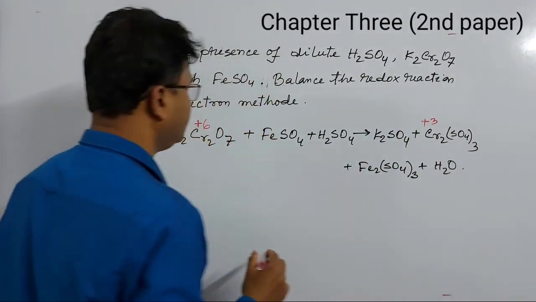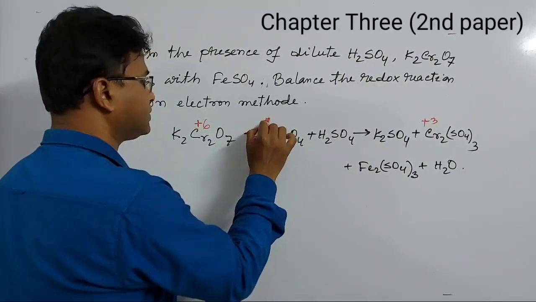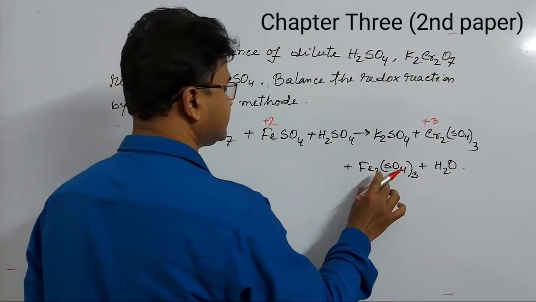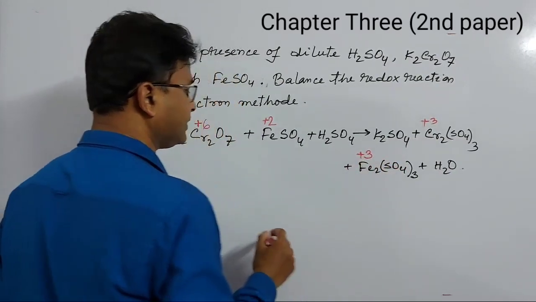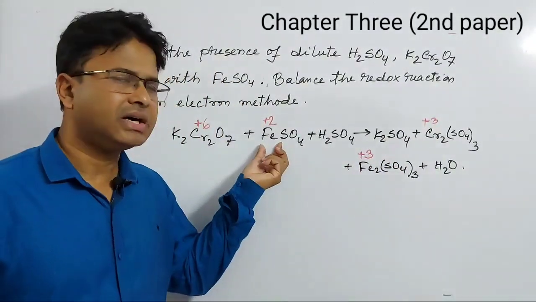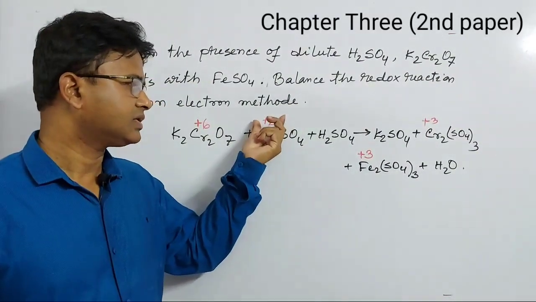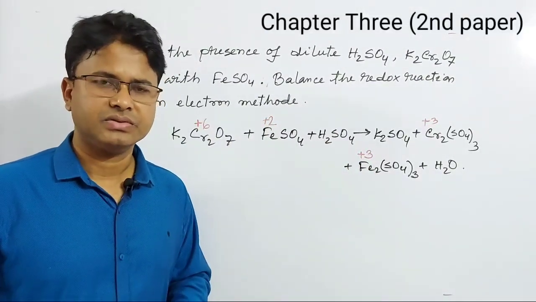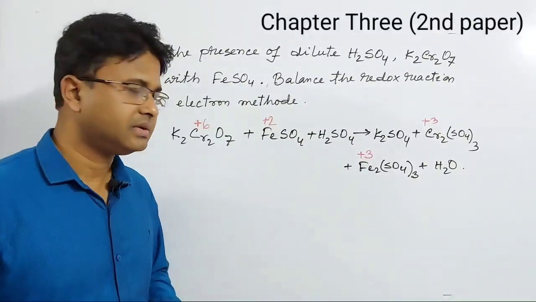And again, the oxidation number of iron is +2 in the ferrous sulfate, and the oxidation number of iron is +3 in the ferric sulfate. It can be understood easily that the oxidation number of iron is increased from +2 to +3 by releasing one electron. So here oxidation reaction takes part.